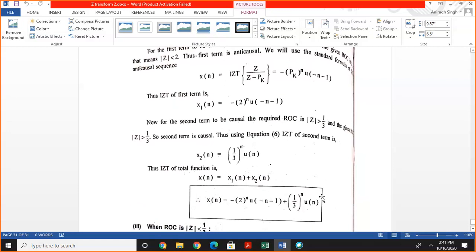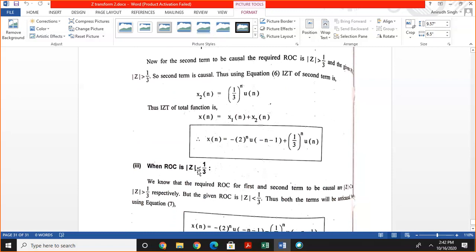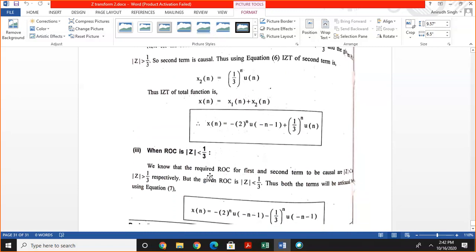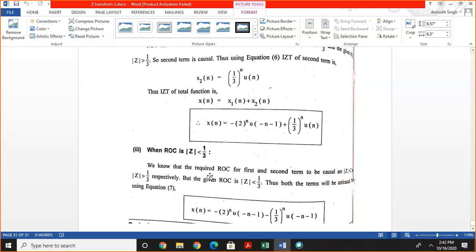When the ROC is greater than 1/3 and less than 2, in this case, this part is causal and this is anti-causal.